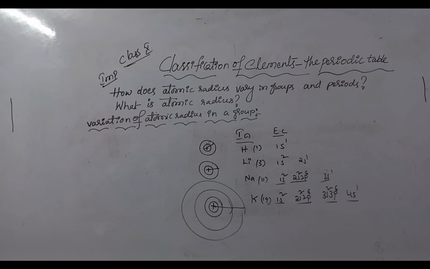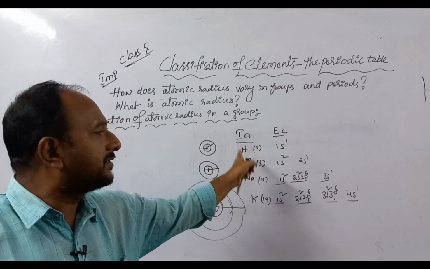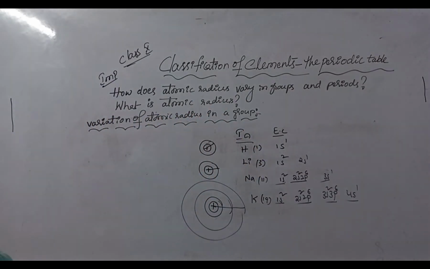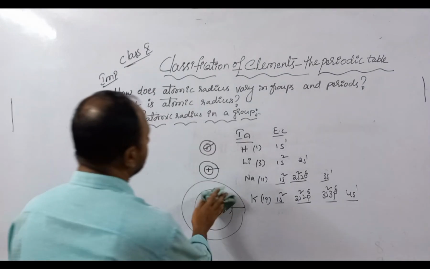Bottom to top means it decreases. The reason for this is that from one element to another, atomic number increases and the number of shells also increases. So atomic radius in a group increases from top to bottom because of the increase of atomic number and the increase in number of shells from one element to another. This is the reason. Now we are going to write the answer for this, students.